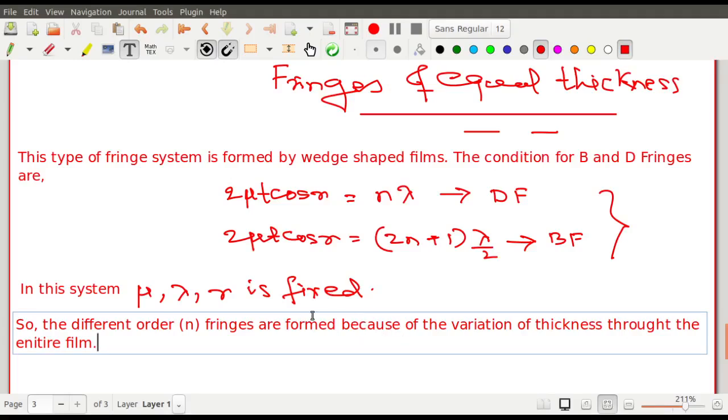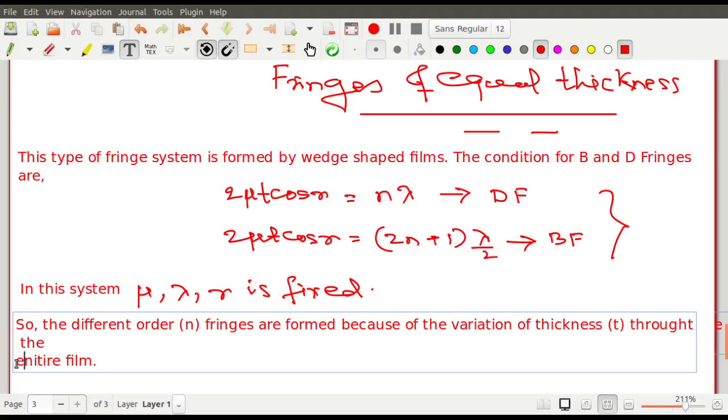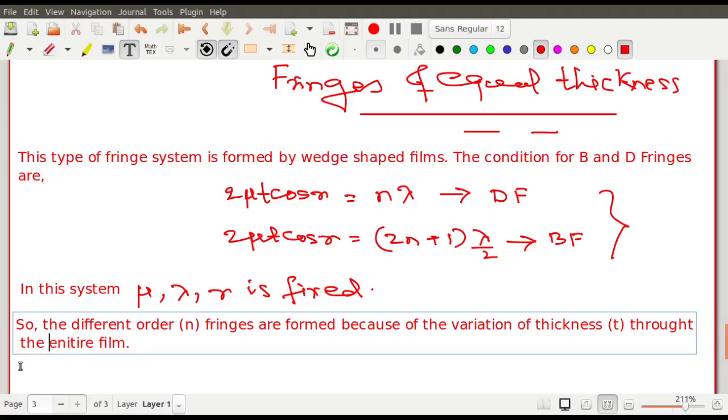In this system mu, lambda, r are fixed; the thickness, which we write by t, varies across the whole film. The thickness varies and that is why you get different order fringes.